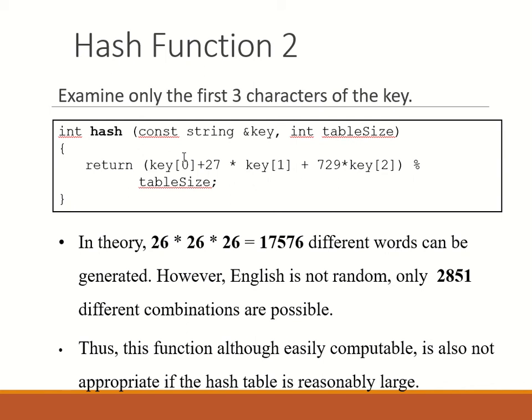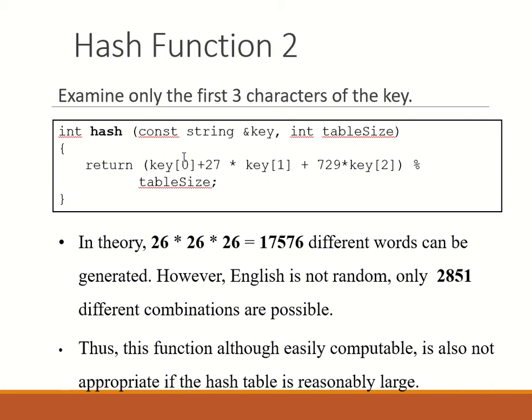Then you take 27 into the ASCII value of O. And what is the third character? It is again O. So you take the ASCII value of O and multiply it with 729, which is the square of 27.